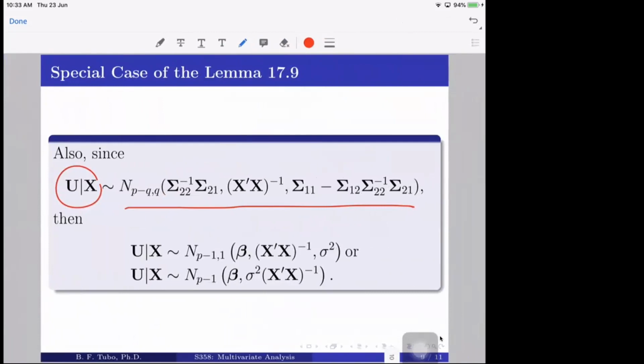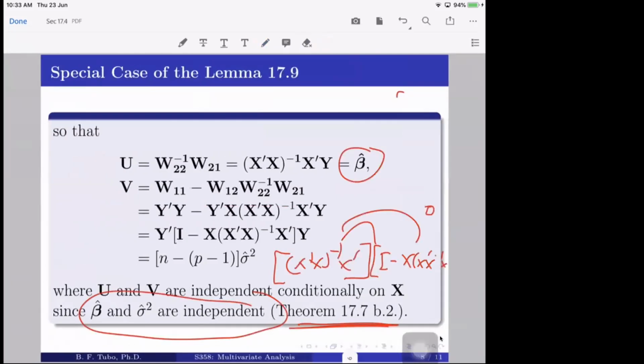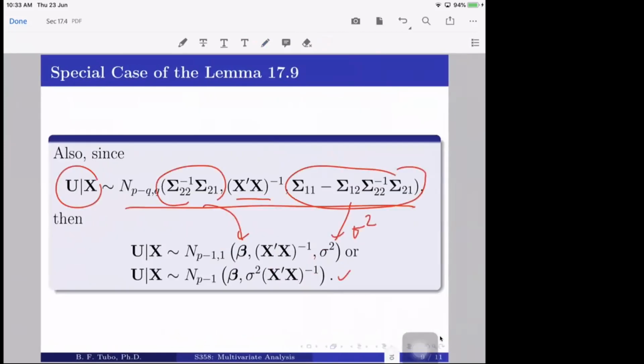By substitution now in terms of the components, this is your sigma squared, and then this is your beta. So by substitution of how you denote it, you have U given X equal to this one, but our U is our beta hat. So beta hat given your explanatory variable is still normal with these parameters.